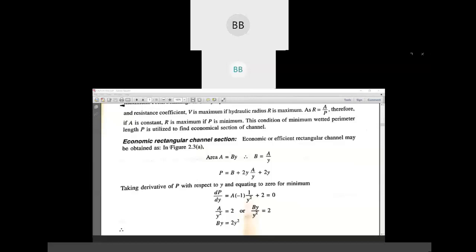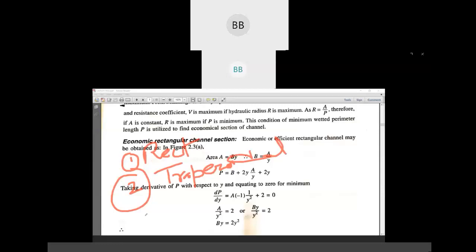So here you study rectangular channel, you have to study on your own. Number one, rectangular. Number two, trapezoidal. And number three is circular. These things you have already studied in third semester, so we are not going to study them again.